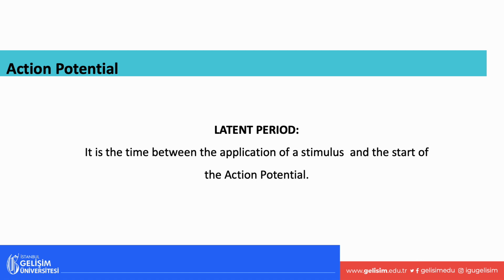Once the action potential reaches the axon terminal, it triggers the release of neurotransmitters, which then bind to receptors on the next neuron or muscle cell or gland and transmit the signal. So overall, the latent period is a critical part of the nerve signaling process, as it reflects the initial stage of neuronal excitation that eventually leads to communication between different parts of our body.